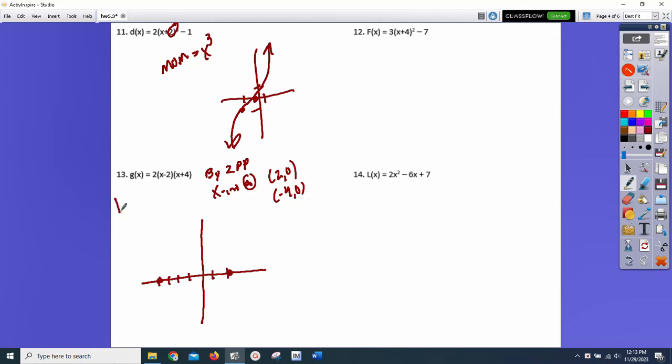Now, halfway between is the axis of symmetry. Halfway between, we put this at -1. It's at x equals -1.